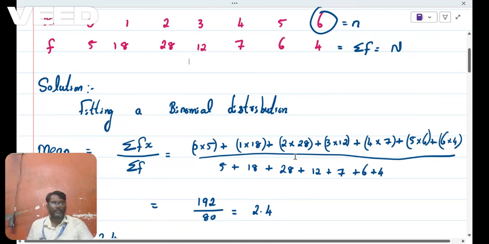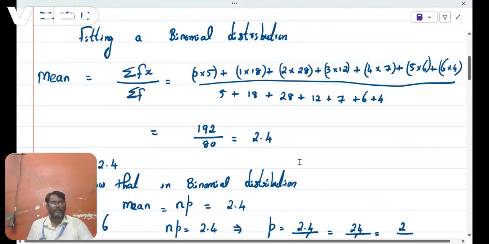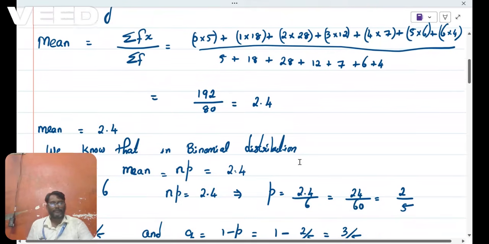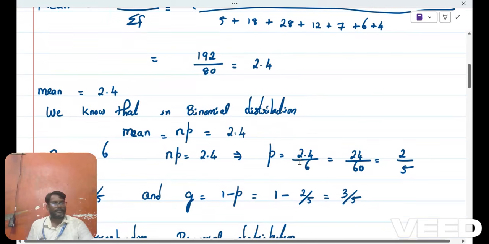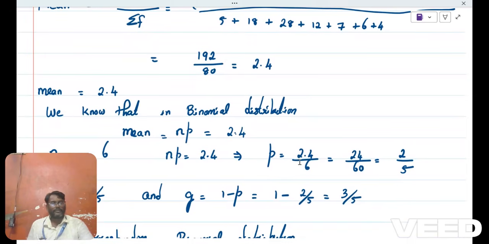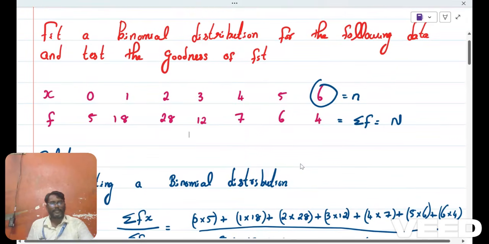For that we want to compute the mean. Mean is equal to sigma fx divided by sigma f. So here the sigma fx is 192 divided by 80. We got 2.4. Therefore the mean value is 2.4. We know that in binomial distribution mean is equal to np, which is equal to 2.4, and from the data we got that the small n value will be 6.